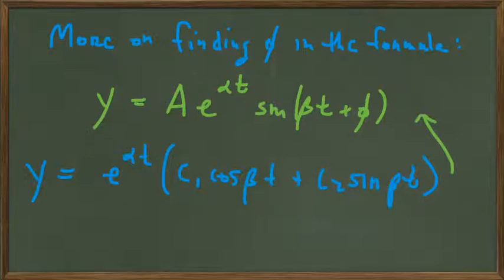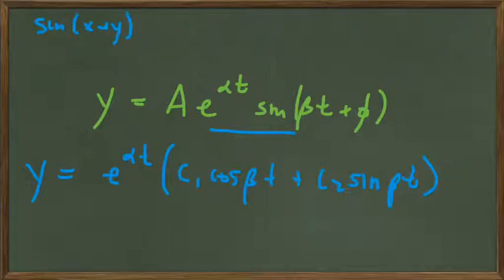So I want to look at the trig identity version of this formula and take a closer look at it. Let's recall the sum formula for the sine of x plus y: sine x cosine y plus cosine x sine y.